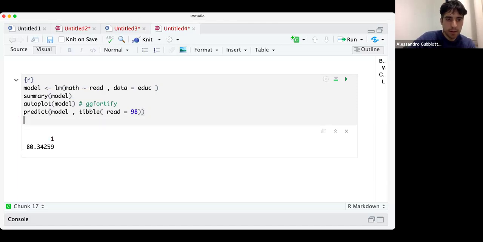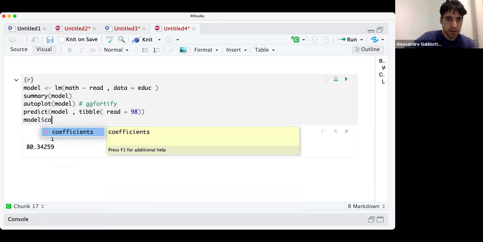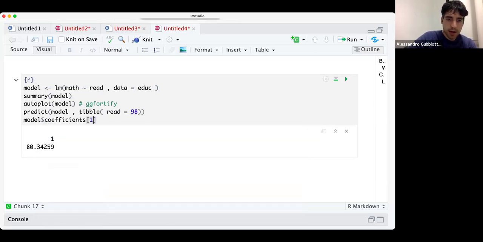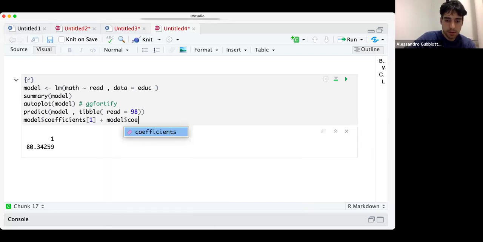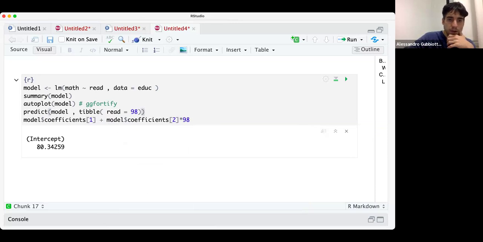It's simply, I don't remember now, the intercept was 21, like model coefficient one is the intercept, I guess, plus model coefficient two times 98. This should give me 80.34. Yes. So this predict function is really easy.